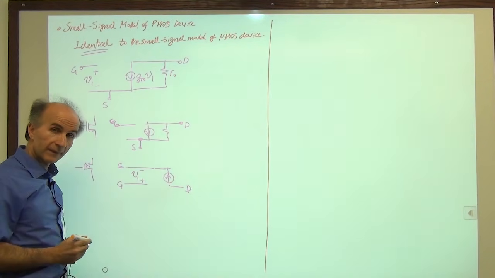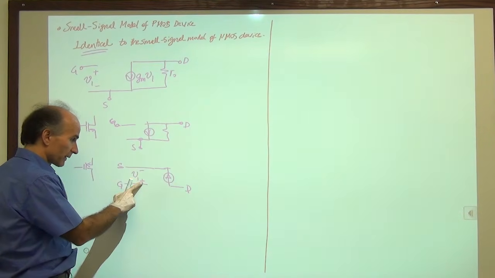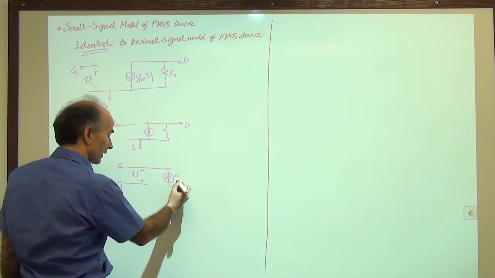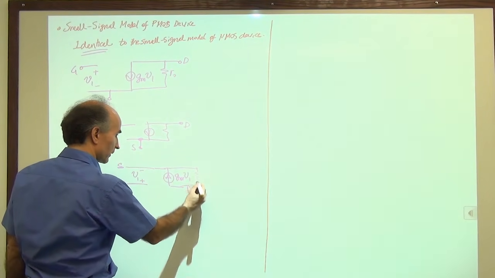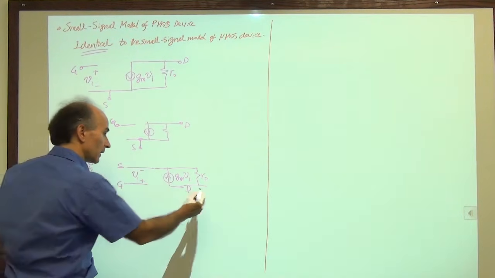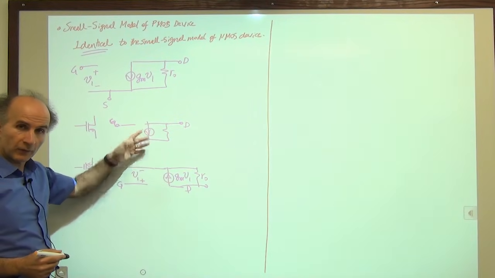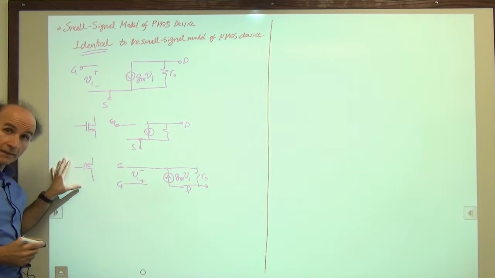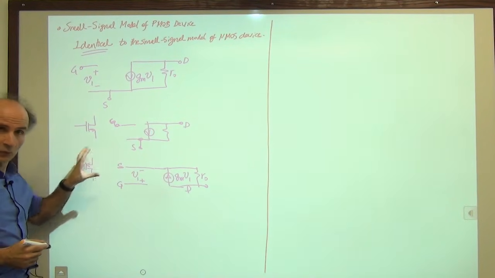Its value is still gmV1. V1 like this, with positive here, negative here. gmV1. And then, of course, if you have a resistor, rO, you have a resistor, rO. So you see that this model and this model are identical. I flipped it over simply because the symbol for the device was flipped over in the circuit. If you did not flip this over, you would not flip this over.